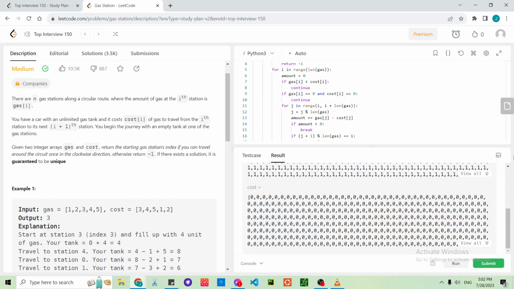So in general, the cases that are returning time limit exceeded are those that have repetitive inputs in the gas and cost arrays. So it is very inefficient to be going over them in each loop again and again because they just have similar values. They're just unnecessarily calculating these same values.